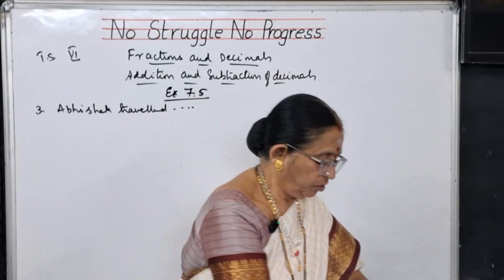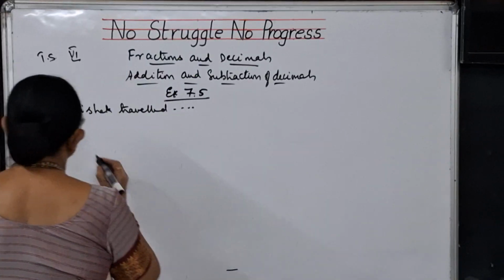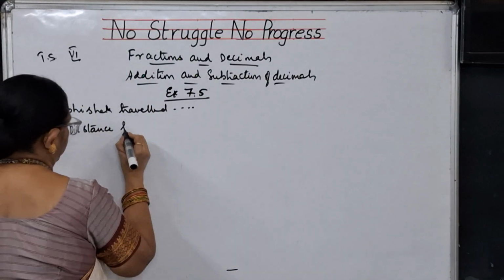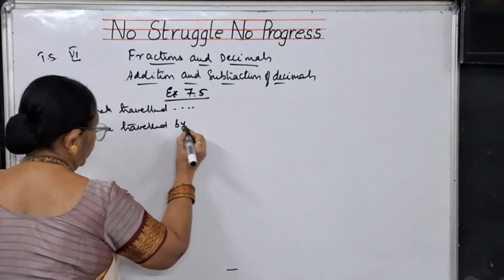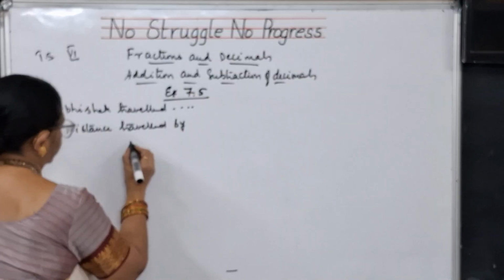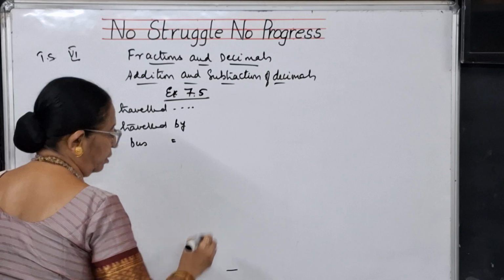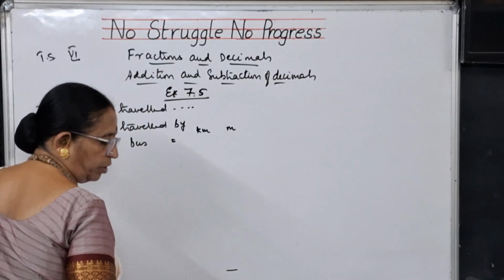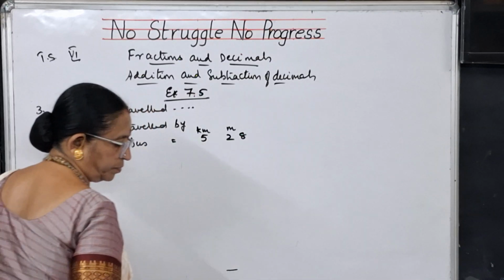Total distance you have to write. So, distance traveled by, first one is how much, what is that? By bus. How much? 5 kilometers, so this is kilometers and meters. 5 kilometers 28 meters.